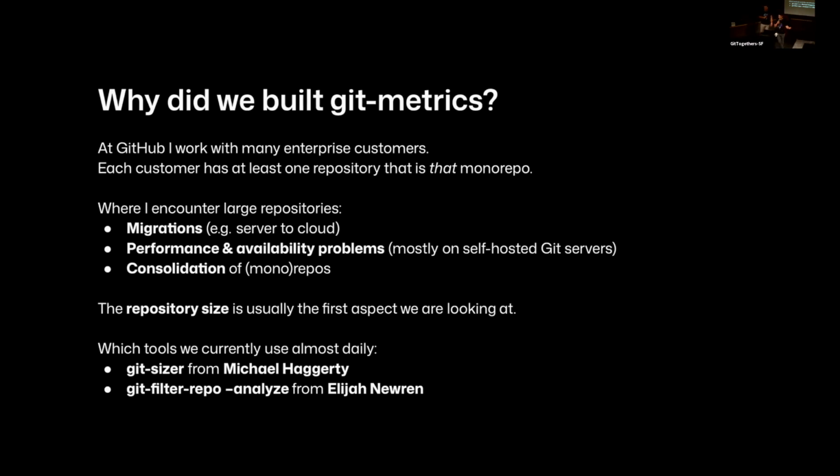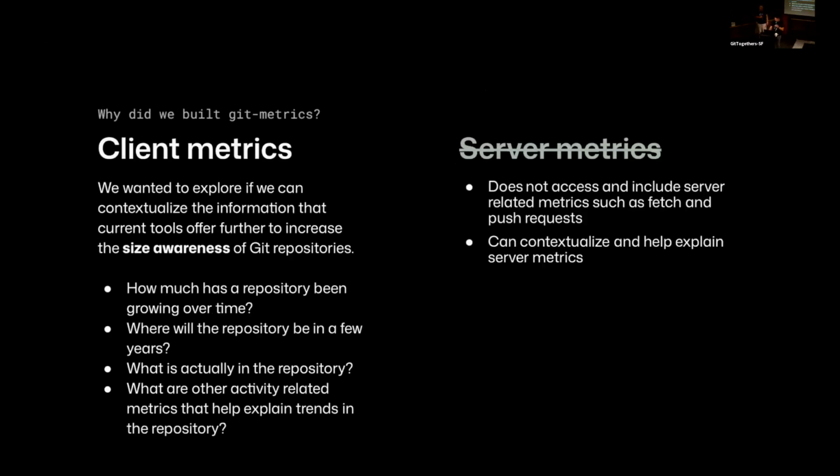Two are Git Sizer from Michael Hegarty and Git Filter repo from Alicia, who is also here and talking later. And so with Git-Metrics, we wanted to explore if we can contextualize the information that these tools provide further to increase a bit the size awareness of Git repositories.